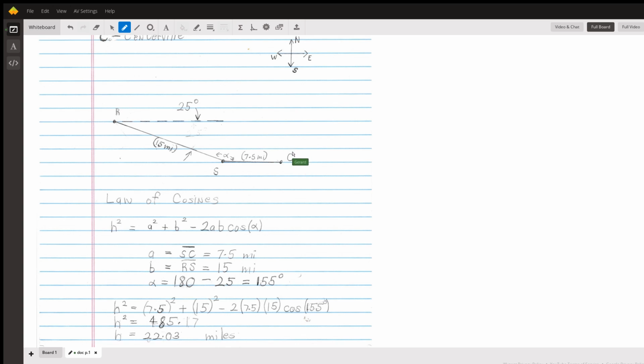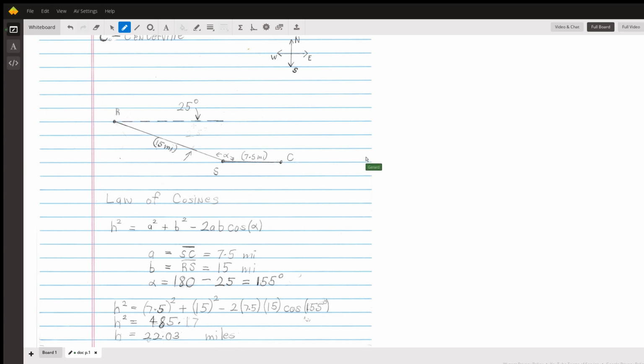Again, this is the law of cosines. What they want you to find is the distance between Centerville and the reservoir, if they had to build an additional aqueduct from the reservoir to Centerville. So you want to find the distance of the line RC.